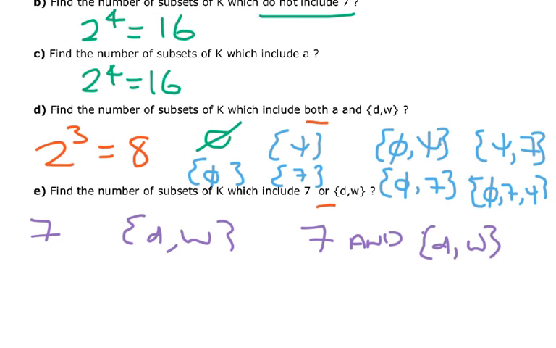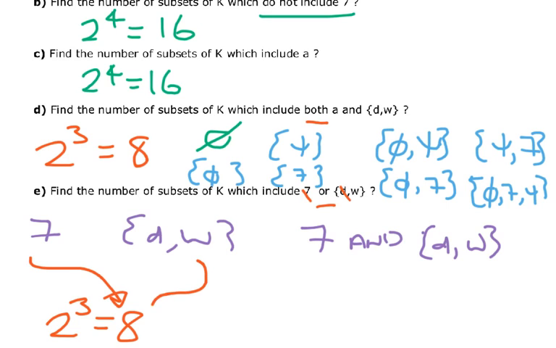So what we're going to do is use exactly the same method. We're going to remove 7 and DW from our list of 5 elements in the set of K, which means that we've got now 3 elements. And with those 3 elements, we can make 2 to the power 3 subsets. So we can make 8 subsets that don't contain 7 or DW. And then what this means is that firstly, we could add 7 to each one of those subsets to make 8 new unique subsets.